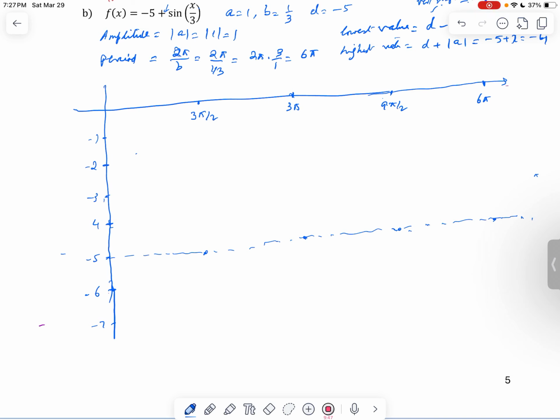It will cross here, and it will be 0 at these values. And it will be 1 unit up, so it will be at -4, and here it will be -1, so we get -6. Now we can sketch the graph.